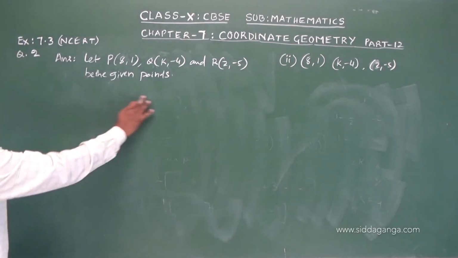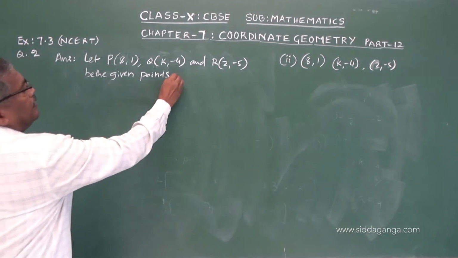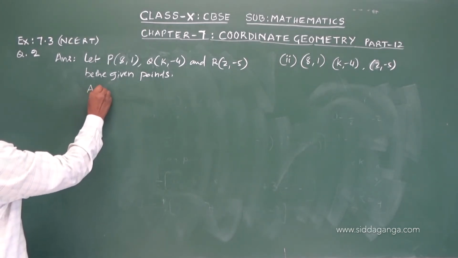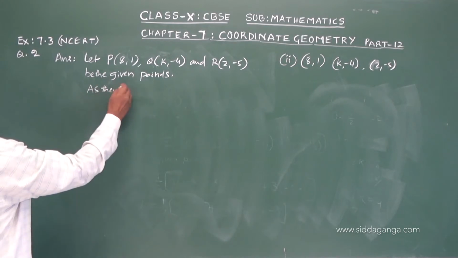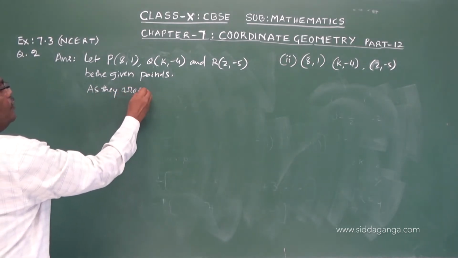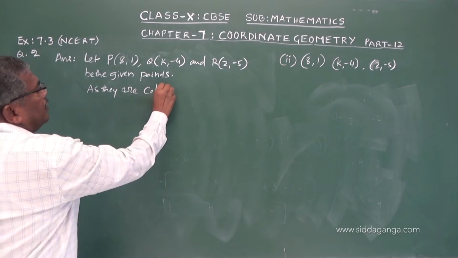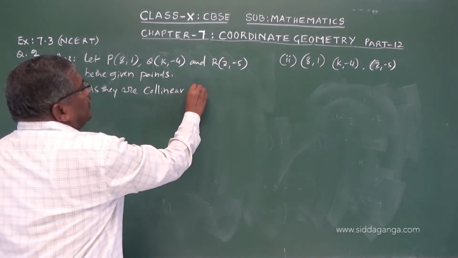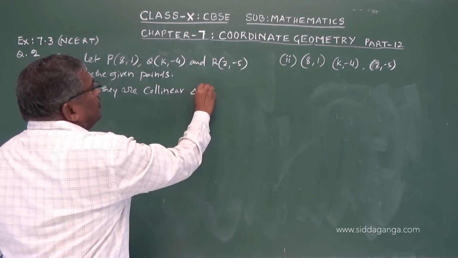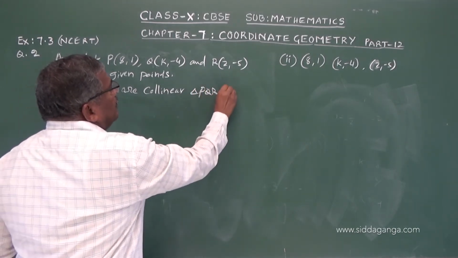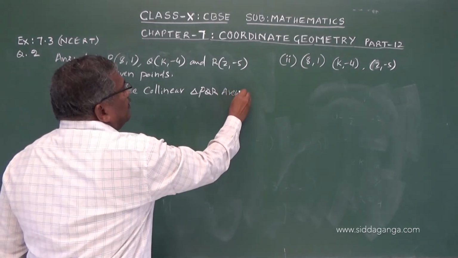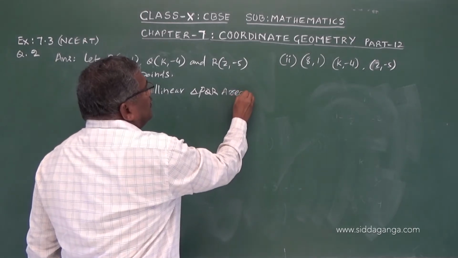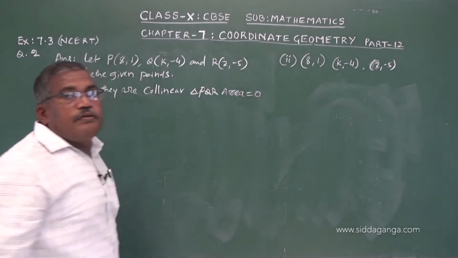So now, as they are collinear, the area of triangle PQR will be equal to 0.